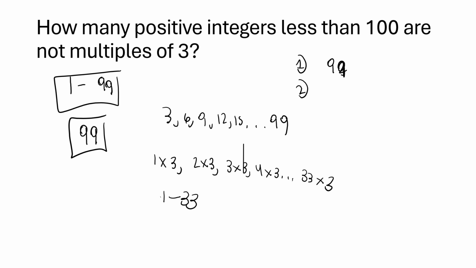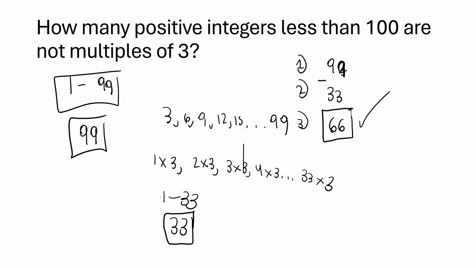So there are 33 numbers in that list, and there are 33 multiples of 3 under 100. So step 2 is 33. And step 3 is when you subtract step 2 from step 1, and your result is 66. So there are 66 integers less than 100 that are not multiples of 3. And that's your answer. Thank you.